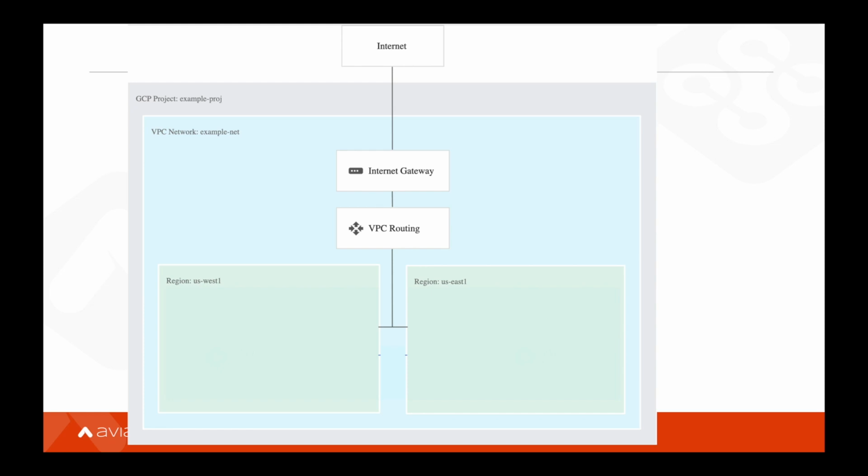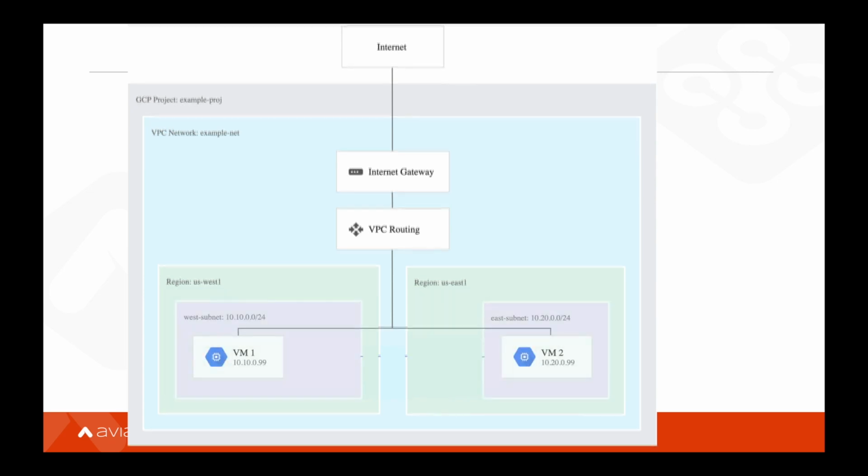So that's the reason it is sometimes called the global VPC as well. Once you have this VPC, you can create the region, and within the region, you can create your virtual machine. And this VPC can now span across the whole planet because technically you can create a bunch of regions and start putting your virtual machines there.